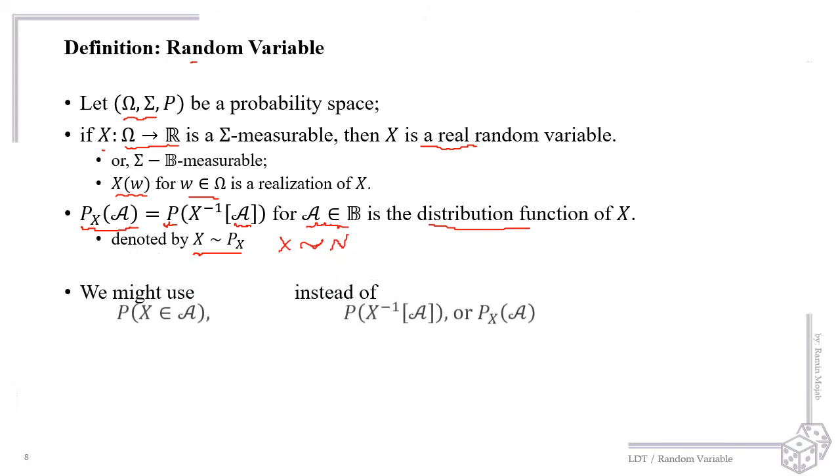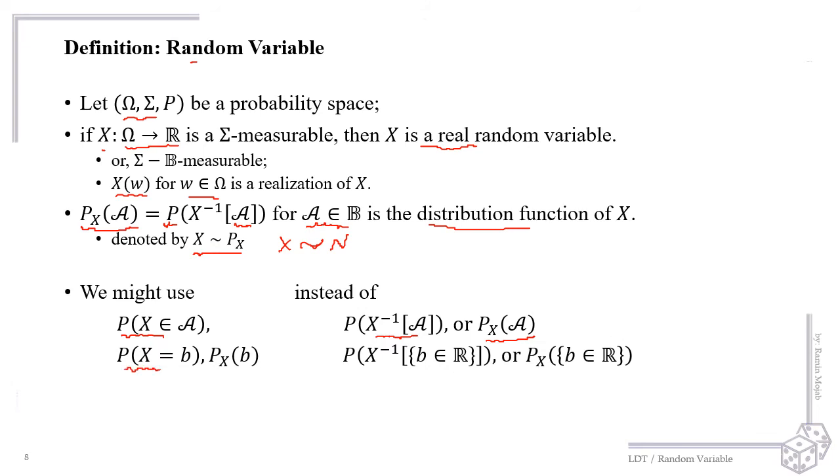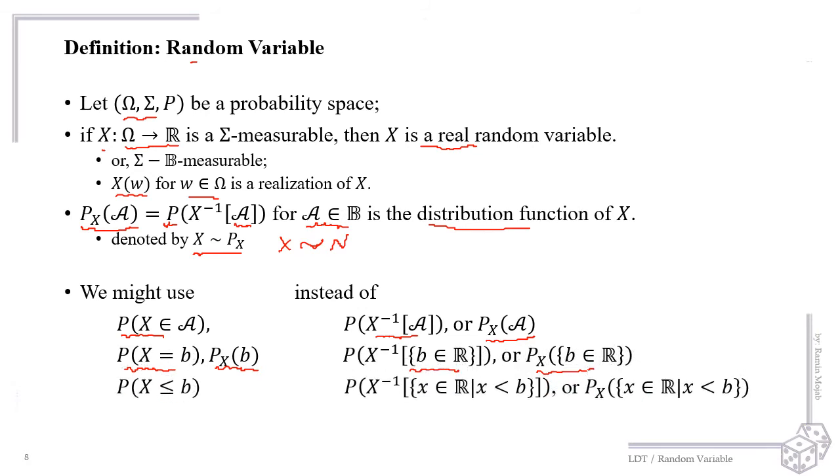And we might use, for example, simply P of X in A instead of P of the inverse image of A under X, or P sub X of A. Or we might simply use P of X equals b, or P sub X of b, instead of, for example, this set, P sub X of this set, or the inverse image of this set under X. And similarly, P of X less than or equal to b instead of this inverse image, or this set.